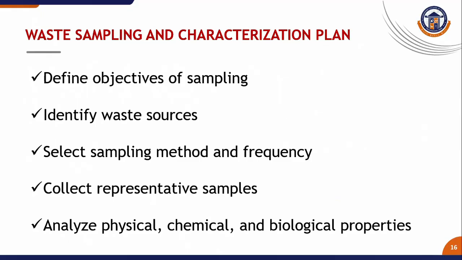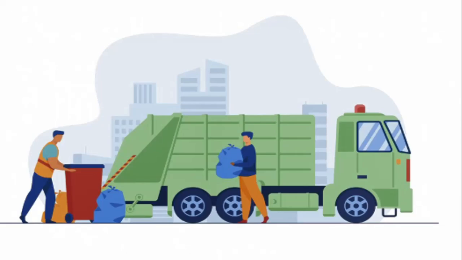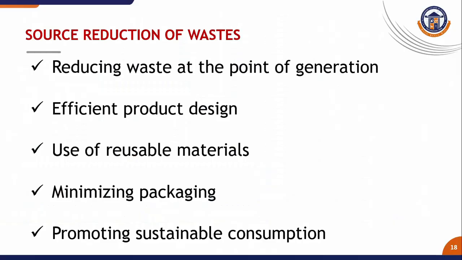Waste sampling and characterization plan: define objectives of sampling, identify waste sources, select sampling method and frequency, collect representative samples, analyze physical, chemical and biological properties. Here you see how the waste is collected and transported in the vehicles.